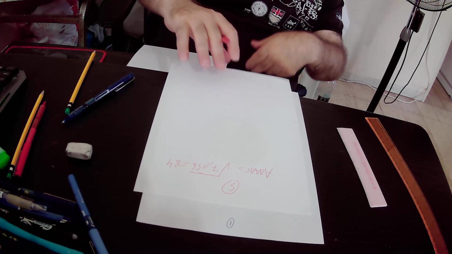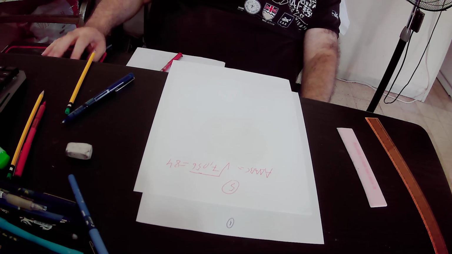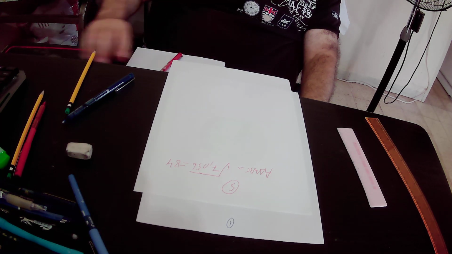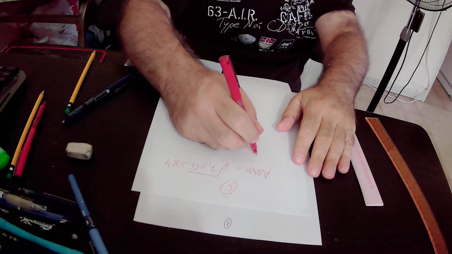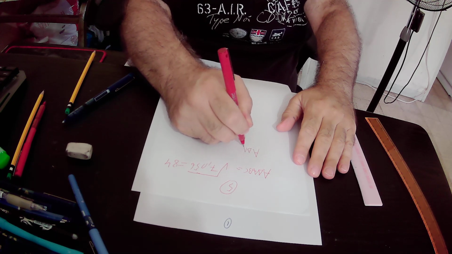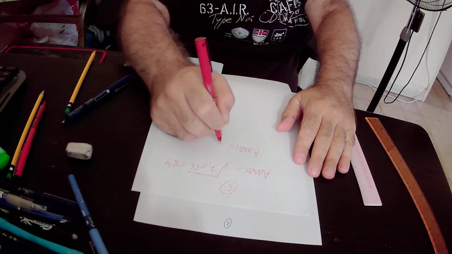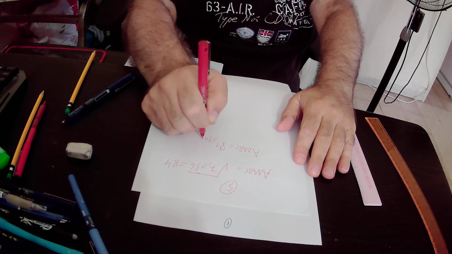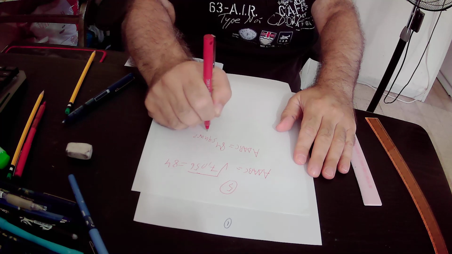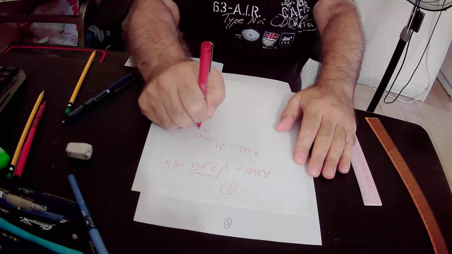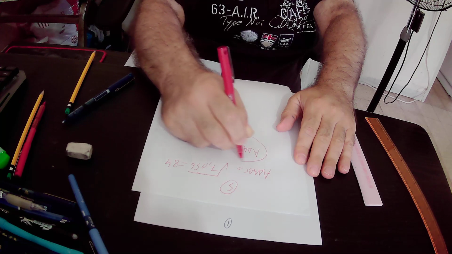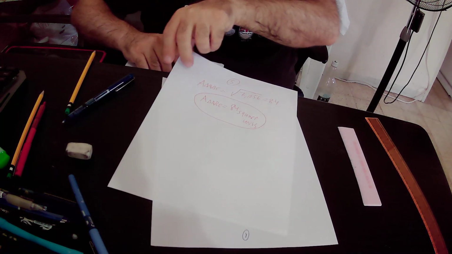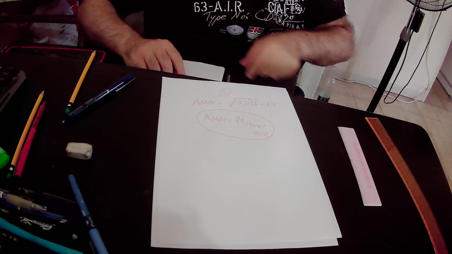So the area of triangle ABC equals 84 square units. The area of triangle ABC equals 84 square units.